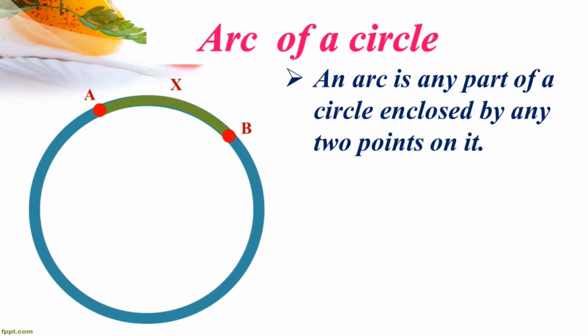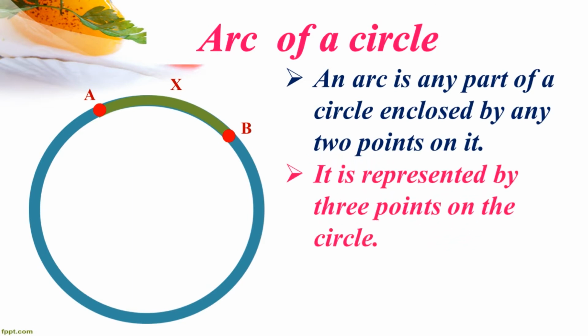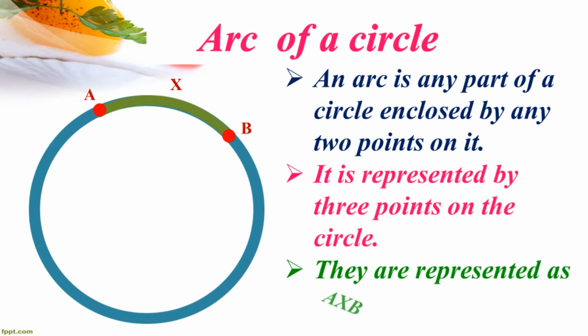So here the arc is represented by 3 points on the circle. So we can write A, X, B with the symbol of arc above the letters.